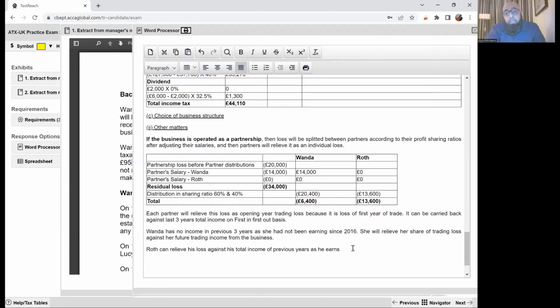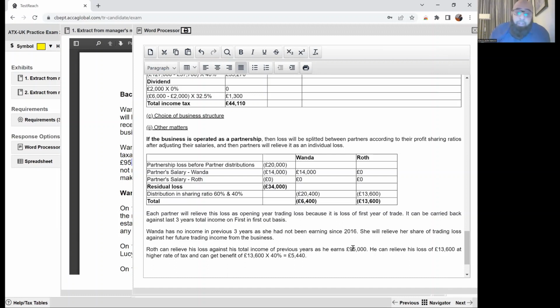As he earns 95,000 pounds per year, he can relieve his loss of 13,600 at the higher rate of tax and get a benefit of 13,600 into 40%, which is 5,440.